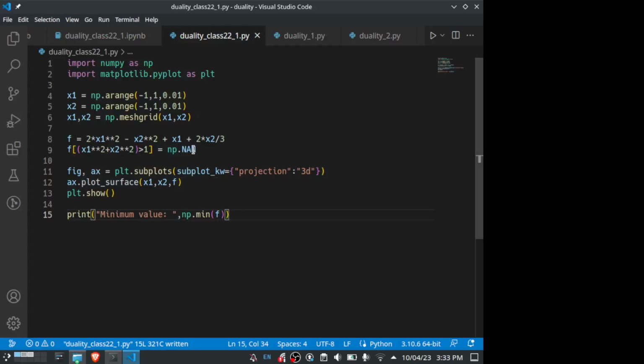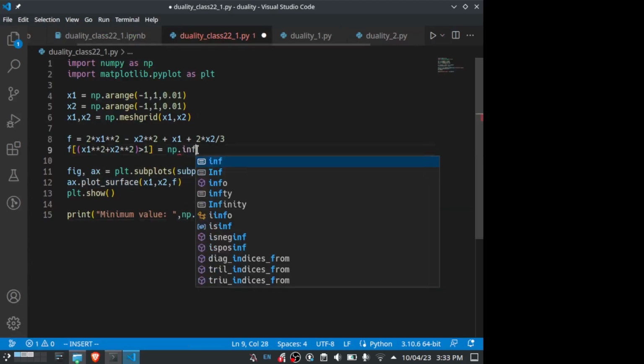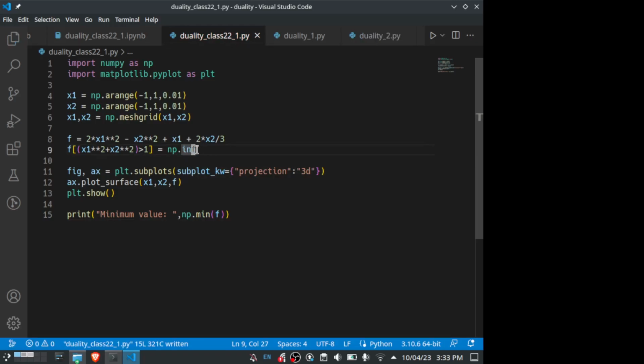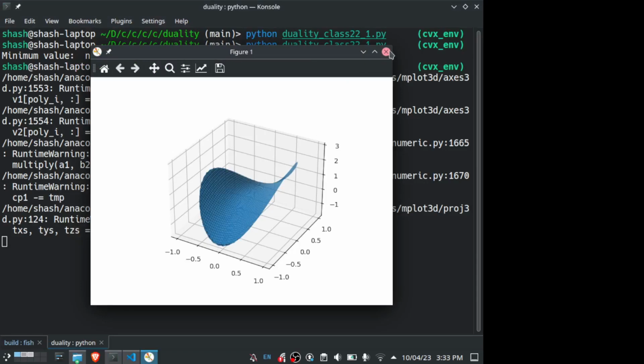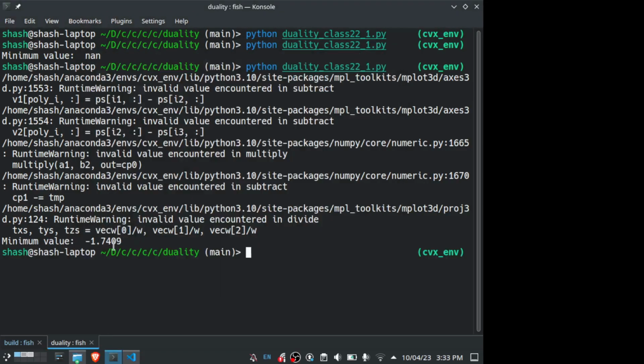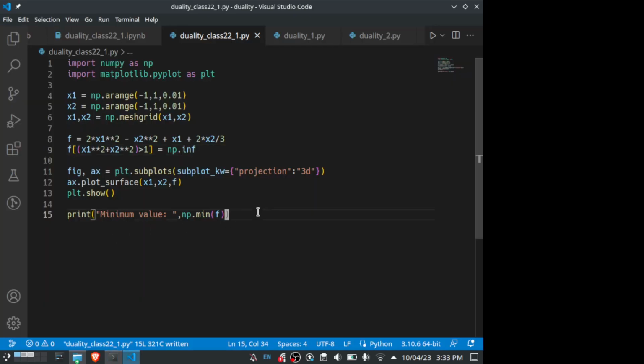Let me set this to infinity instead. So the minimum value is minus 1.74, right?